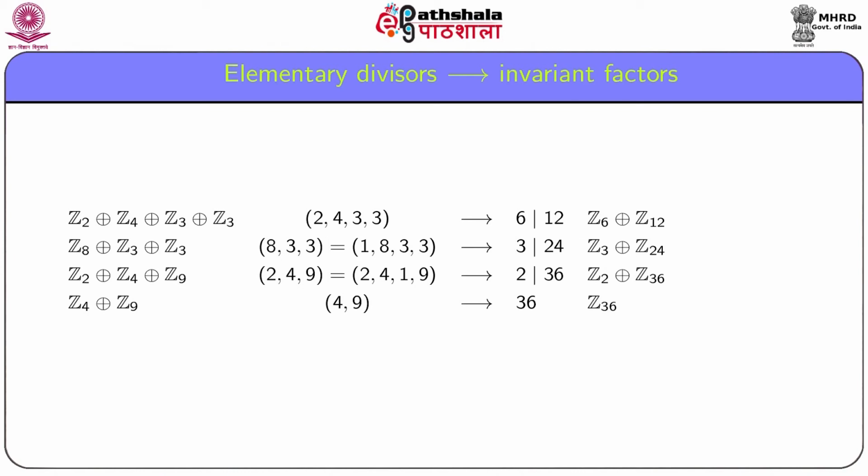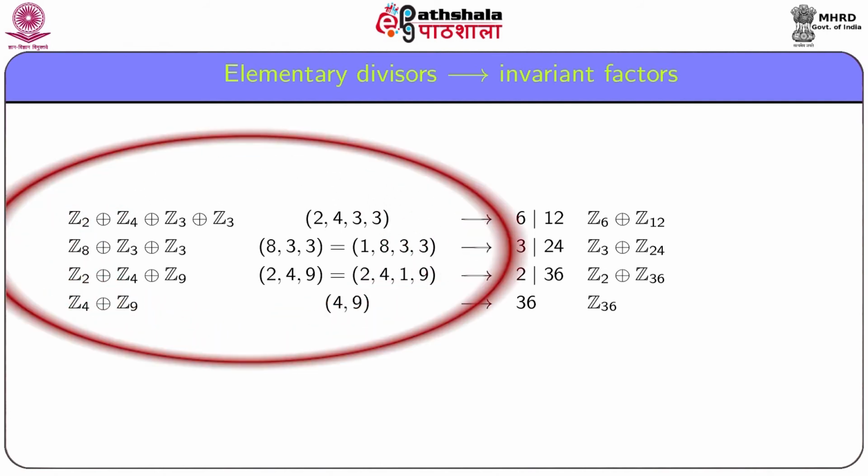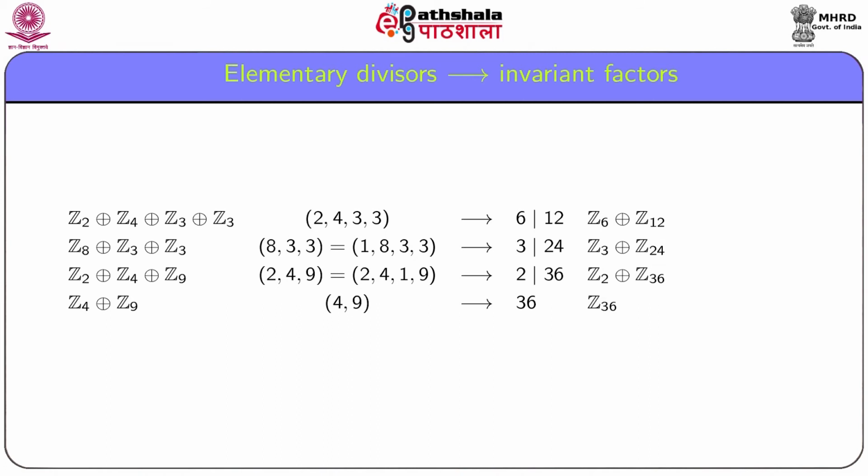Since G2 has only one elementary divisor, whereas G3 has two, we have to introduce here a dummy elementary divisor 1 for G2, and then we get the rearranged elementary divisors with the dummy as 1, 8, 3, 3, and we get the invariant factors as 1 into 3 and 8 into 3.